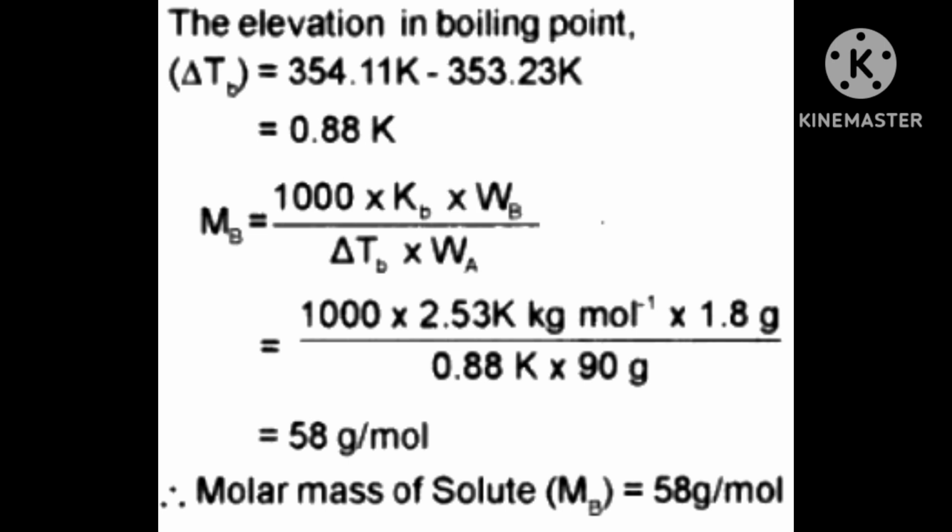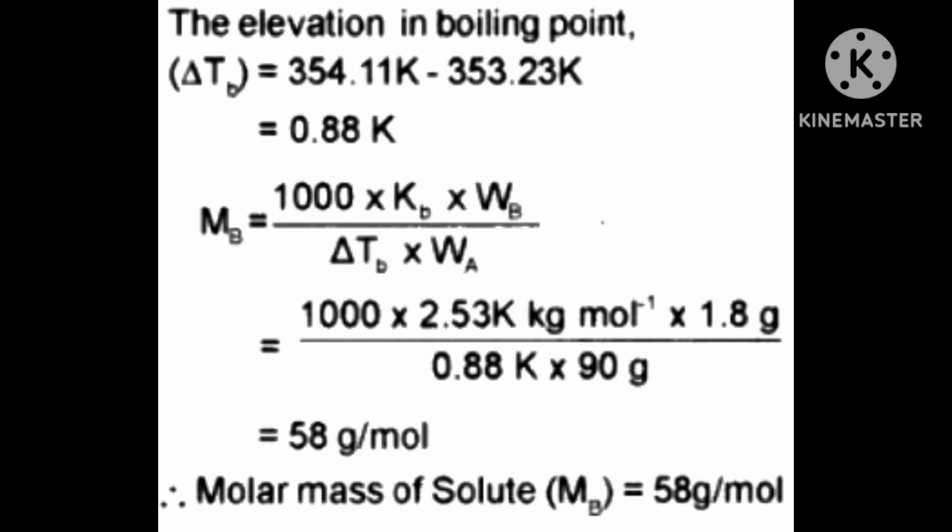After putting the value, delta Tb is equal to Kb into W2 into 1000 divided by M2 into W1. So the relation is delta Tb equal to Kb into 1000 into W2 divided by M2 into W1. Only you put the value of m.